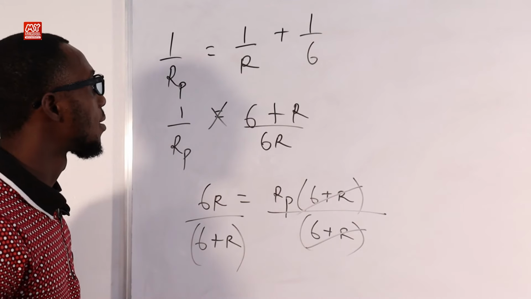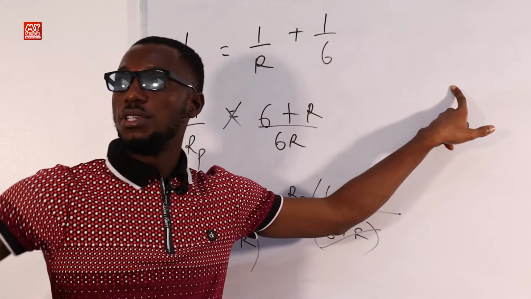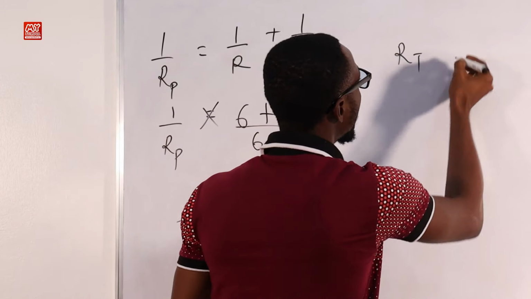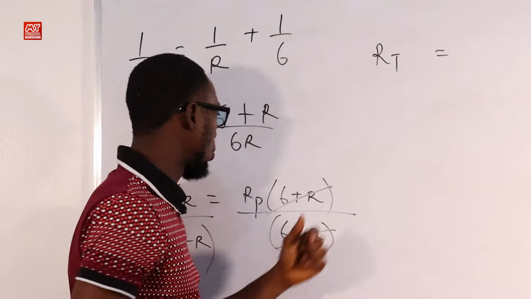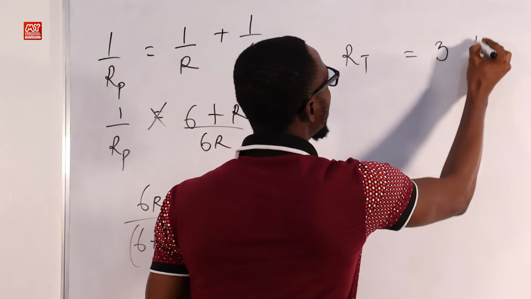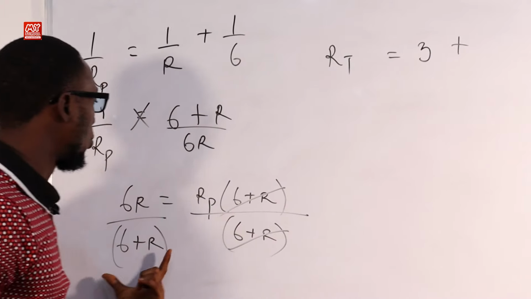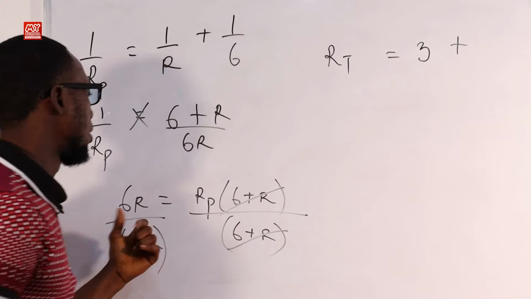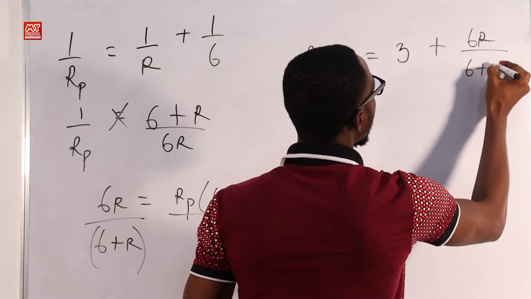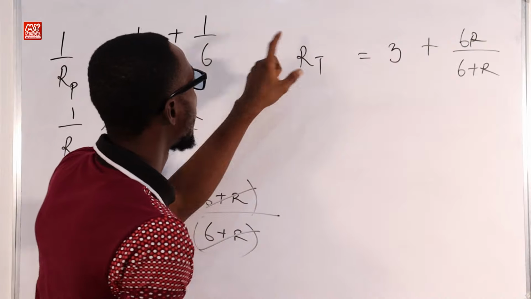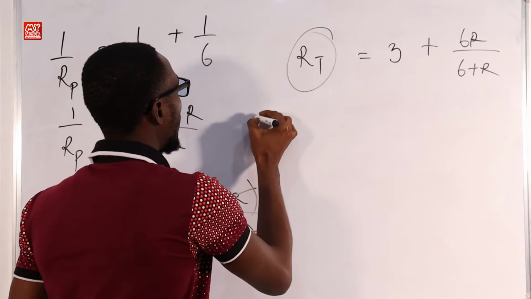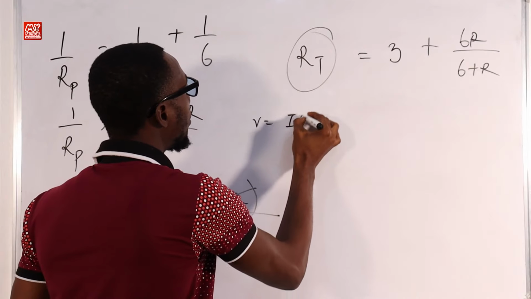And don't forget that we have to bring it to the one we have in series. So for the total connection in series, the R total will be equal to the first one in series, which is 3 ohms, plus the one we got from the parallel arrangement, that is plus 6R over 6 plus R. Now, don't forget the total resistance in the circuit from V equals IR.